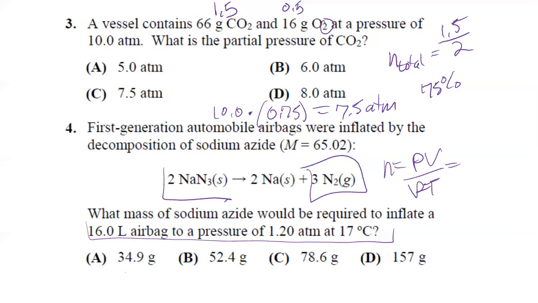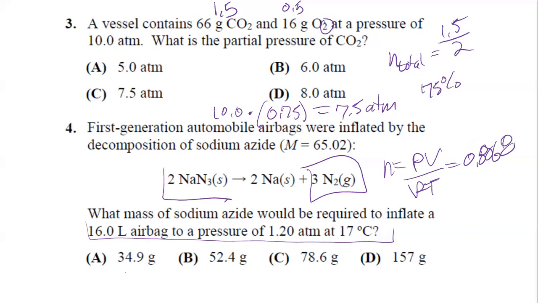Now, when we do that, our pressure becomes 1.2 times 16 divided by R. And then we need to divide that by our temperature, which we should have in Kelvin. And so this n becomes 0.8068. That's our moles.